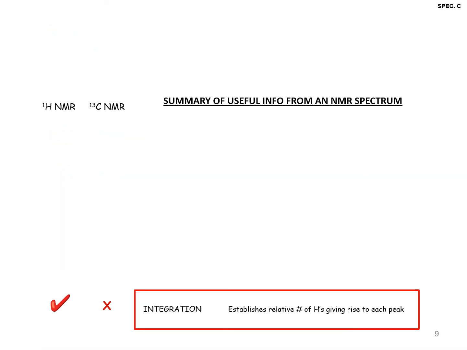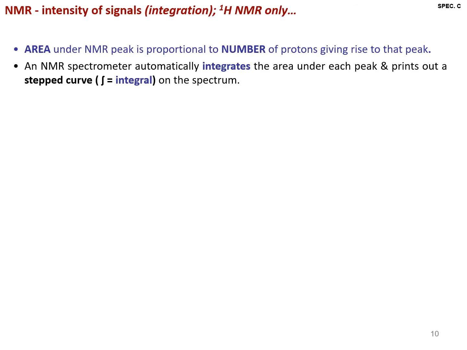Let's now focus on integration in proton NMR. The area under proton NMR peaks is proportional to the number of hydrogens which give rise to that peak.